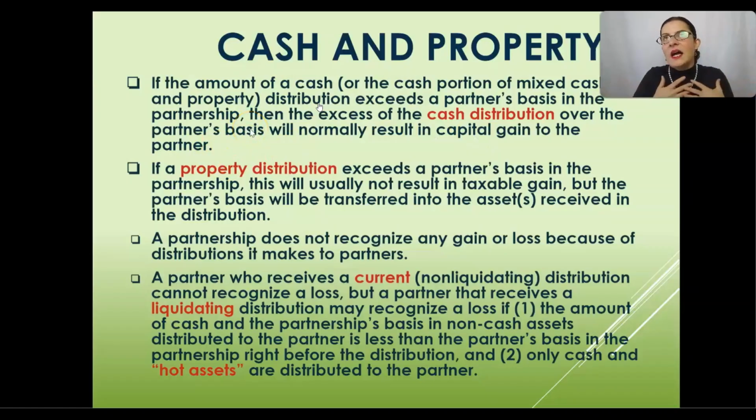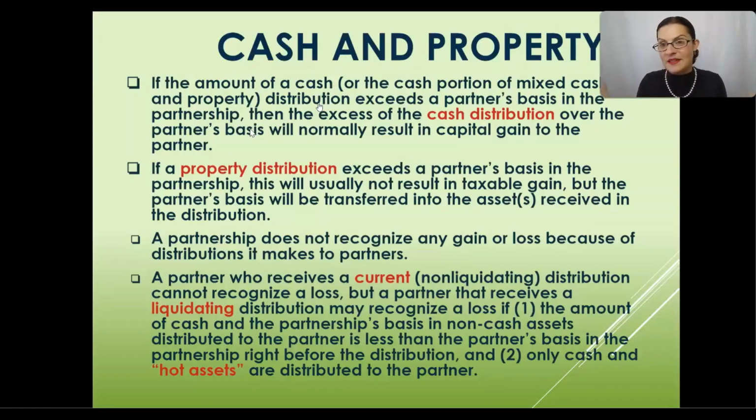Now, I want you to understand that cash distributions in excess of basis are really unusual because usually a partnership, when you have a partnership or a business, they don't have money in the bank to distribute beyond their basis. They don't. So these are really unusual for a partner to actually recognize a capital gain because they're receiving a cash or a property distribution in excess of their basis.